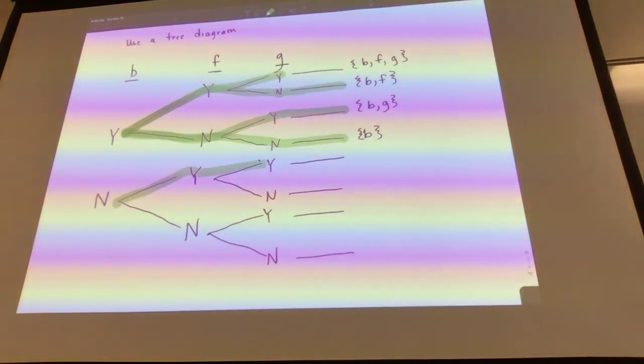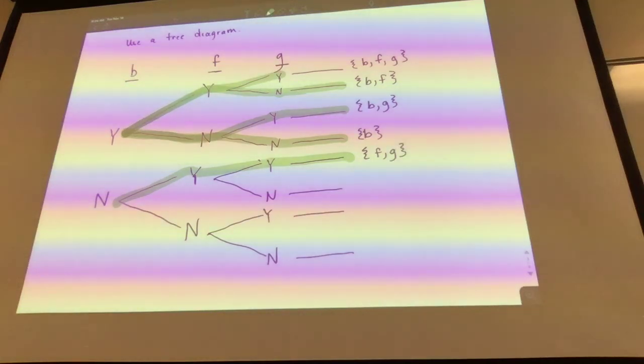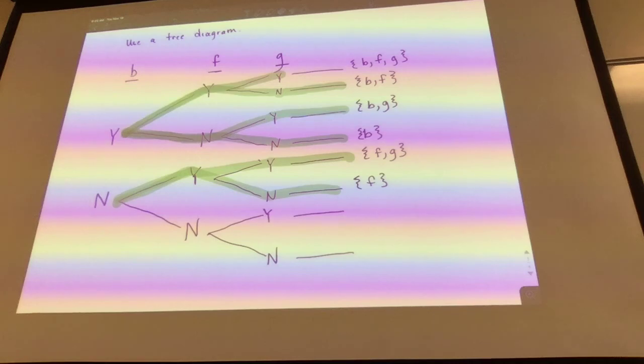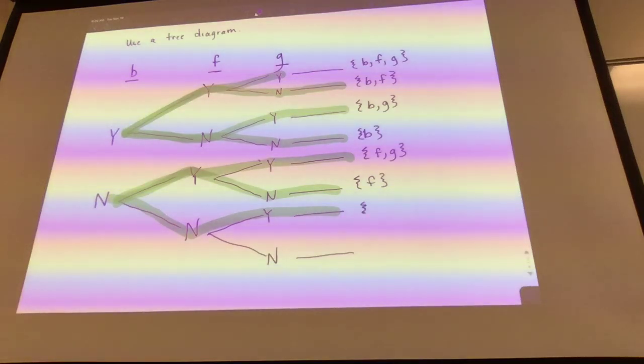No, yes, yes. So not B, but F and G. No, yes, no. Not B, include F, but not G. No, no, yes. Not B, not F, but G.